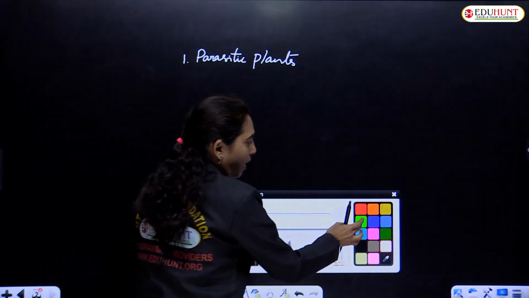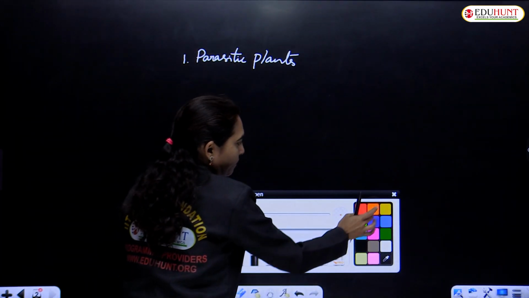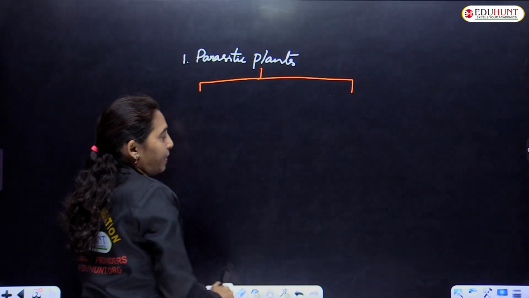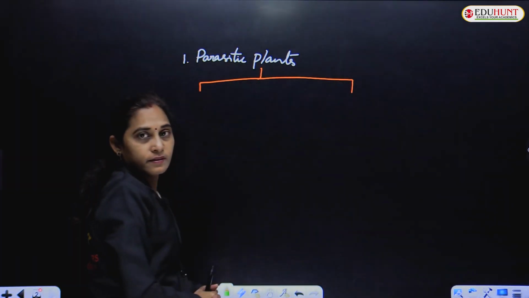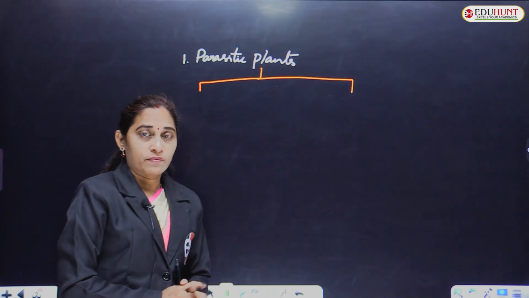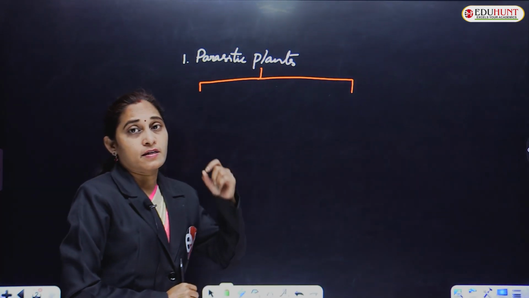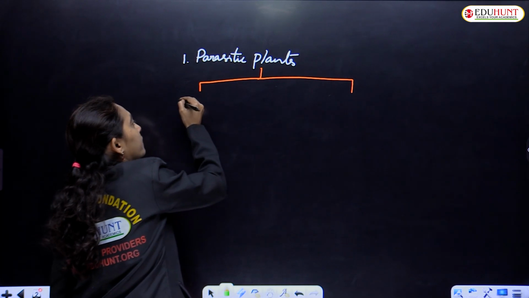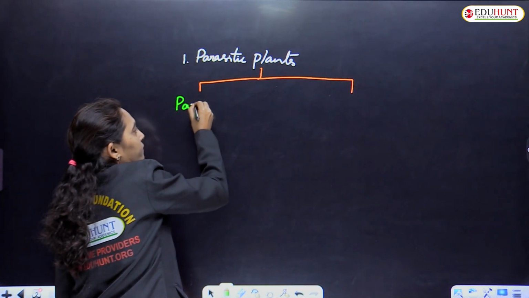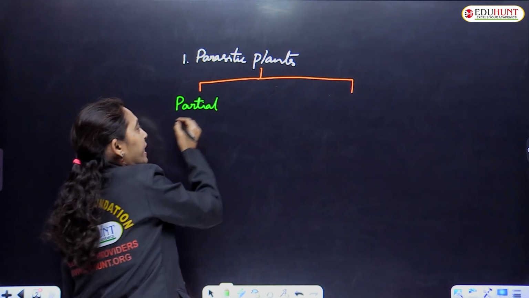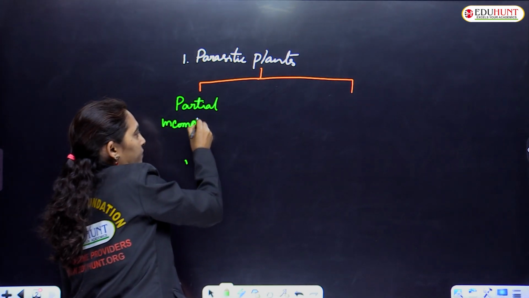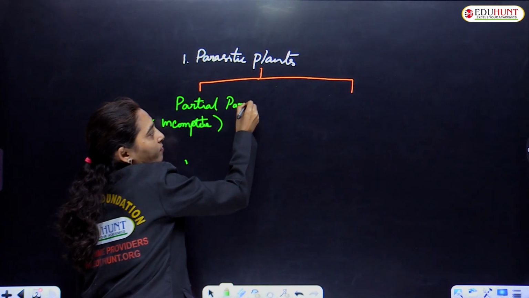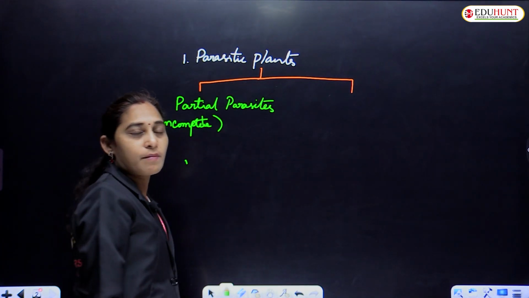These parasitic plants are of two types. The plants which are green in color and can synthesize food if water is provided, that is, they depend on other plants to take water, are called partial parasites.